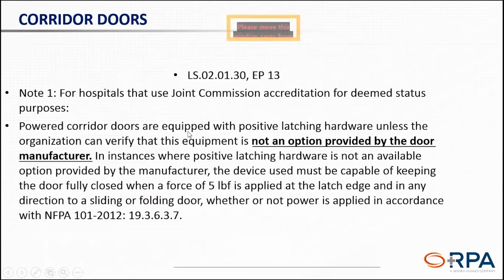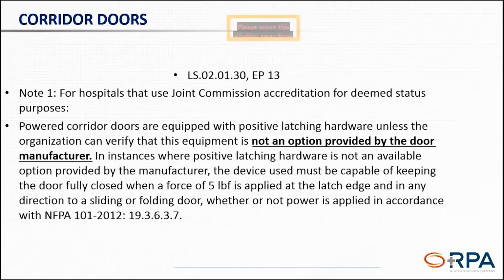And why is that? Well, the Joint Commission, in response to CMS's interpretation in the final rule when they adopted the NFPA 101 2012 edition, said that we need to have positive latching hardware on all corridor doors. So for a long time, we were able to use 5 pounds of force, and we called it the 5-pound rule. Well, that is no more.